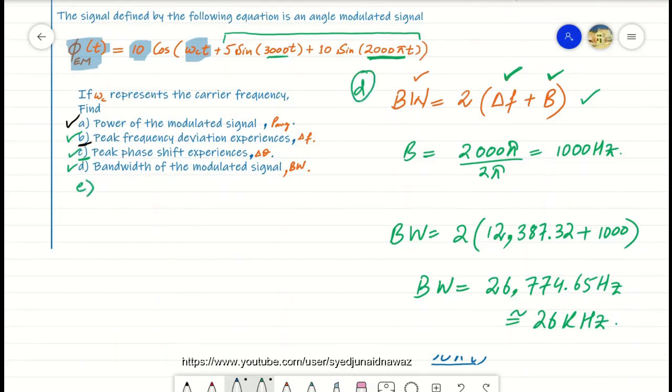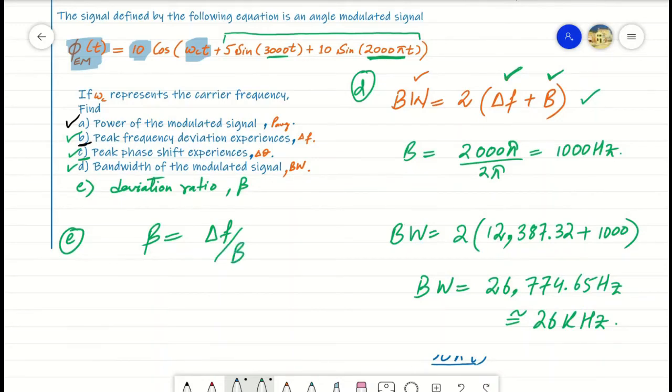For example, if we are also required to find the deviation ratio that we represented by beta, which was the ratio between the peak frequency shift being experienced by an exponential modulated signal and the bandwidth of the information signal that is causing the shifts, then for this part E we are aware that beta, the deviation ratio, is equal to the peak frequency deviation of the modulated signal divided by the bandwidth of the information signal.